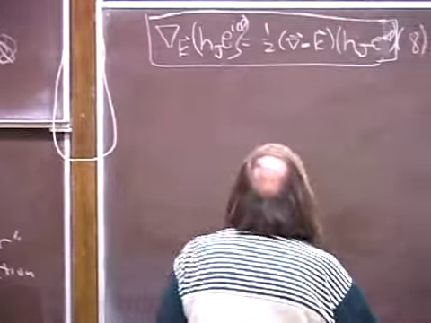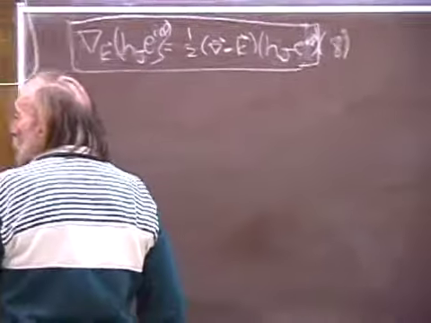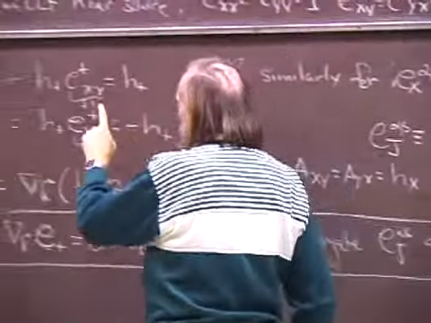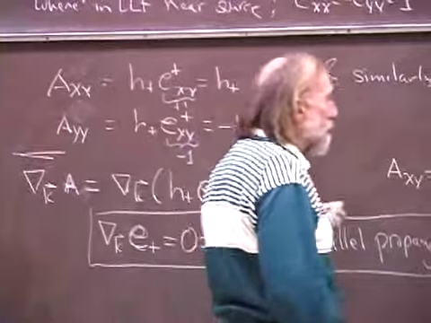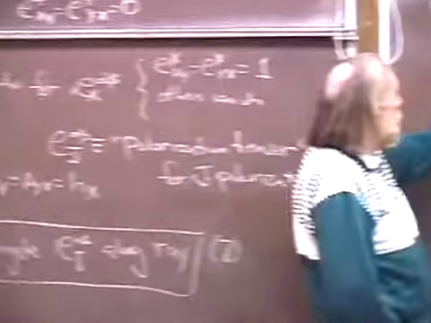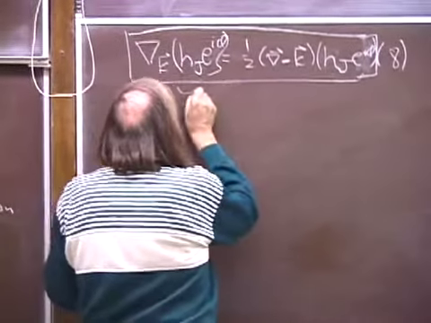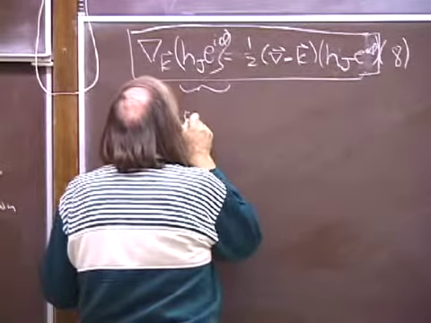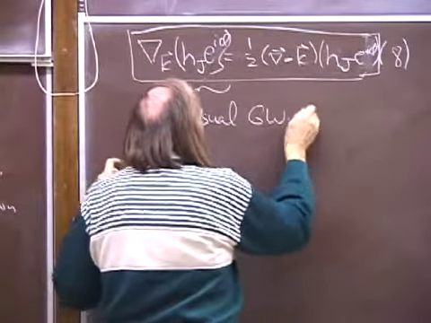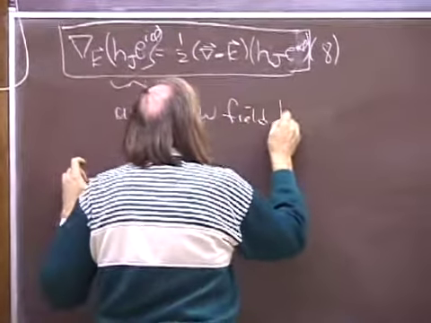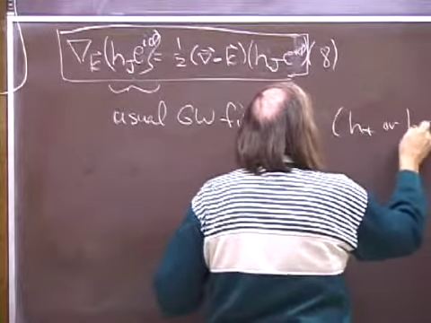Okay, so the direction of the gradient of phi is the direction along which phi is a constant. And so I derived that the amplitude, which I called h, was transported according to this law. Since phi is constant along k, I can pull the e to the i phi in here. And this quantity that I have in here now is the usual gravitational wave field, h_J, i.e. h plus or h cross.